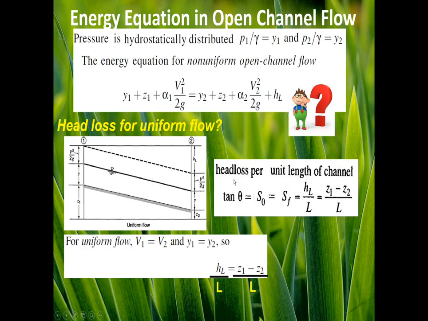And from here we can say that for the case of uniform flow, the energy grade line slope, the bed slope, and the friction slope equal HL over L, and from here we derive that HL equals Z1 minus Z2. Therefore, the energy slope, or friction slope, equals Z1 minus Z2 over L.